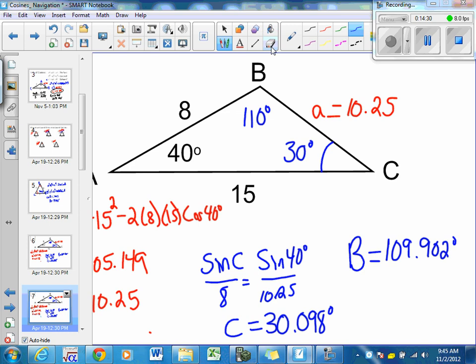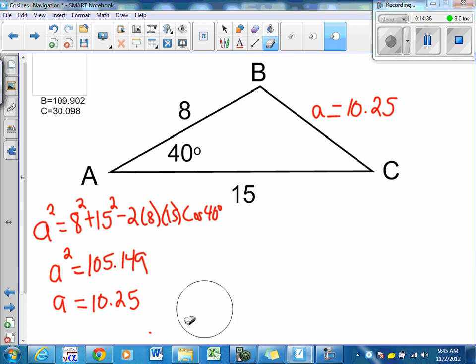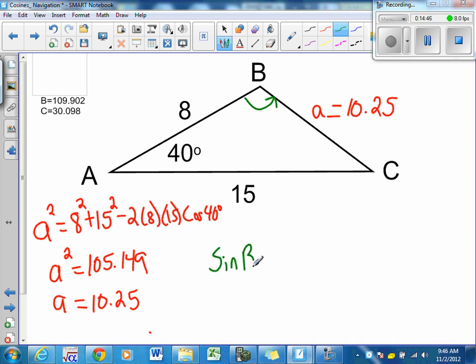If I would do this problem a little bit different way, if I would do this problem by saying, okay, let's find angle B first. And I do sine of B over 15 is sine of 40 over 10.25.